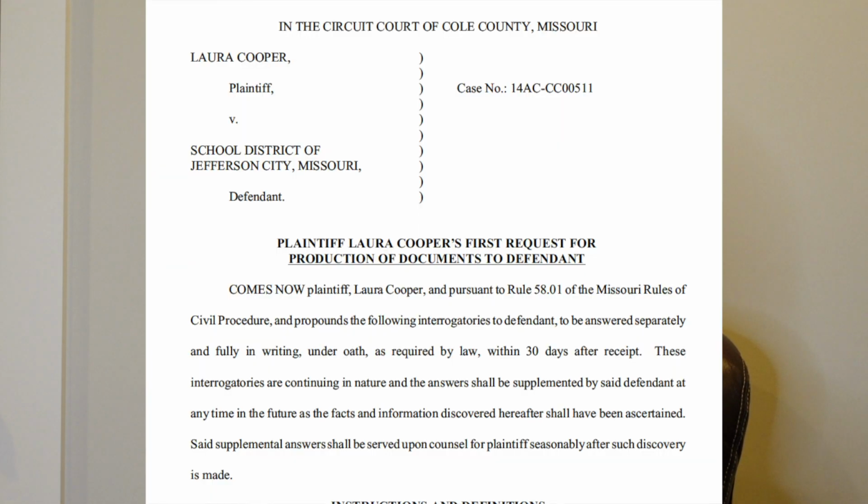The next tool is called the request for production. And this is something that you see used a lot of times with regard to defendants. A request for production basically asks a company to produce all of the documents related to a specific subject.